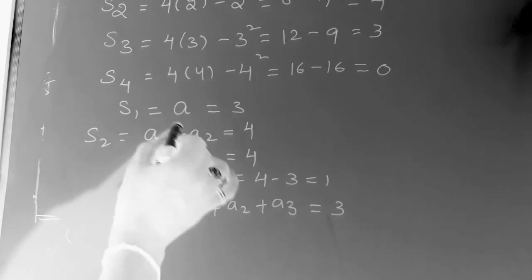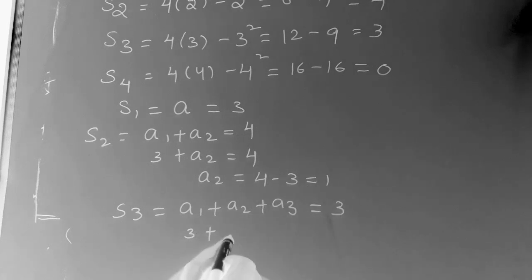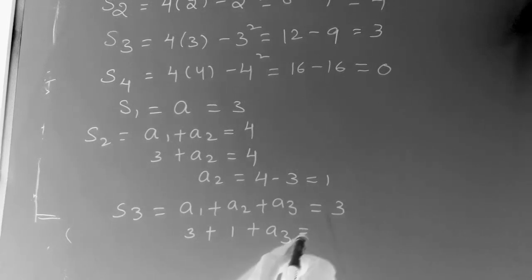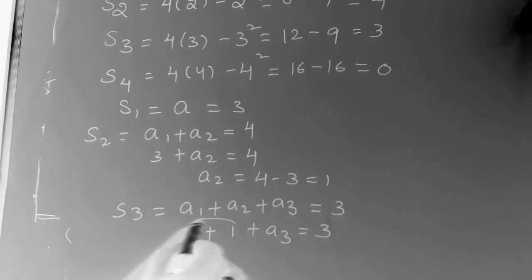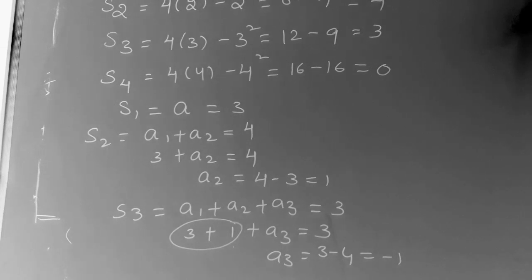We know that A1 is 3 and A2 is 1. So we need A3. 3 plus 1 is 4. If you send that 4 to the right side, it becomes 3 minus 4, that is equal to minus 1. Therefore the third term of the series is minus 1.